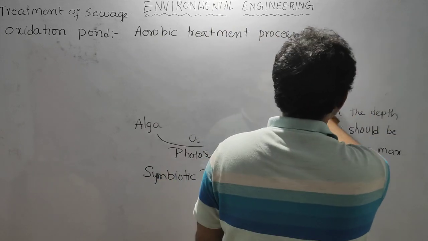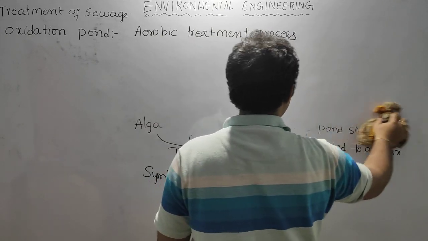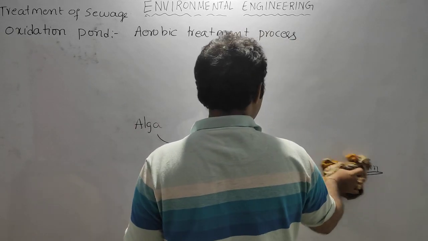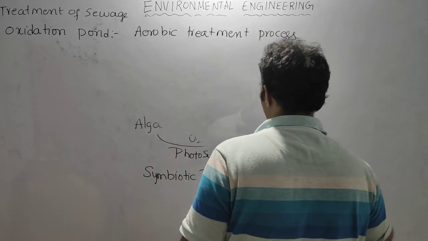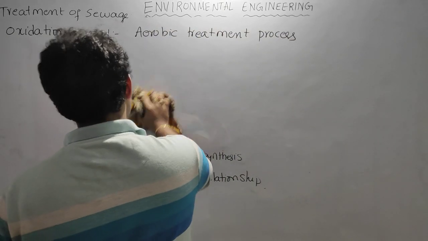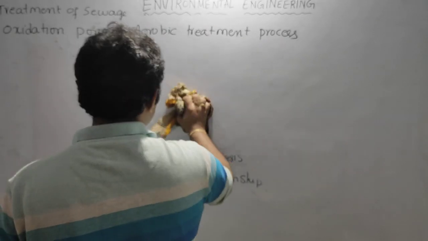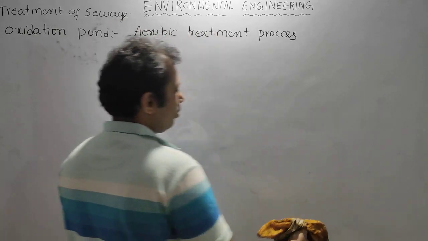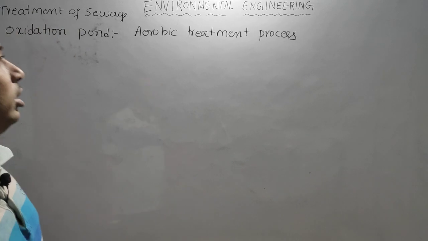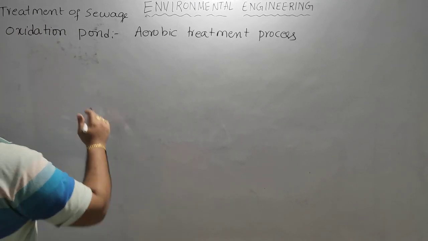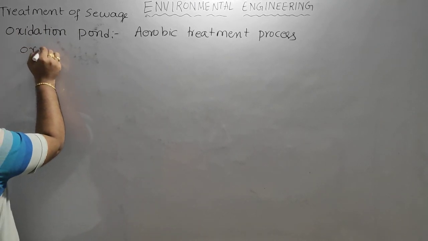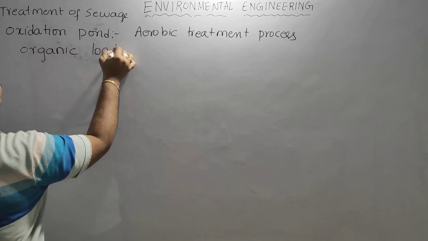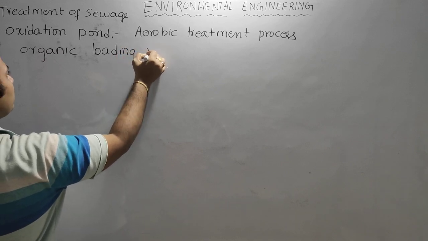If you leave it for more time, then the degree of removal will be very high, up to 95 to 99% of the BOD can be removed, if you give sufficient time as well as sufficient aeration. Aerobic condition is also needed, otherwise we cannot achieve the desired degree of removal. So the organic loading rate decides everything.